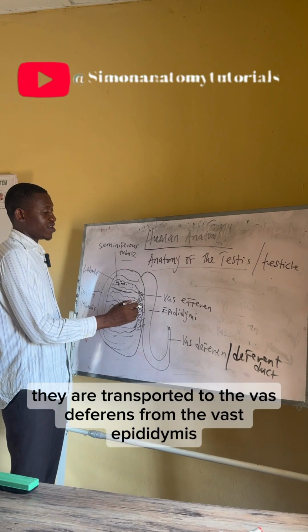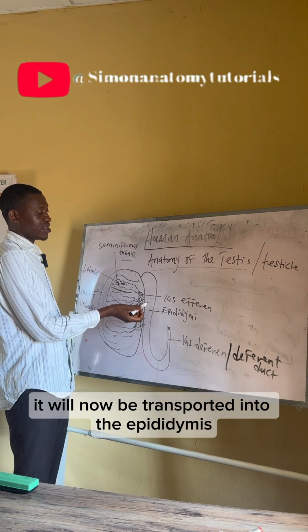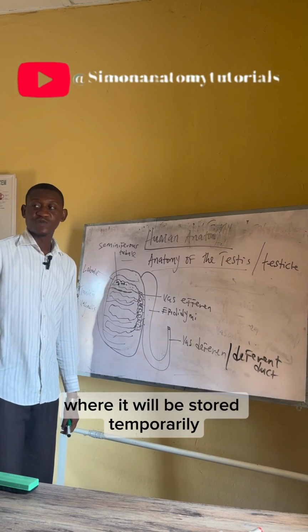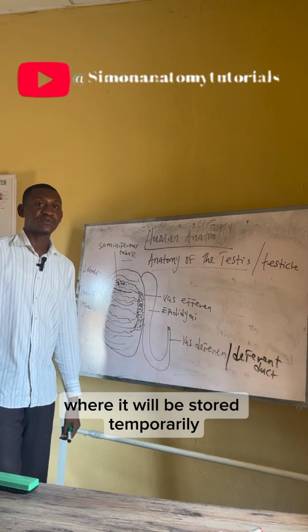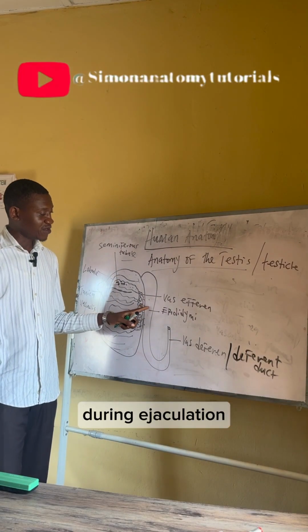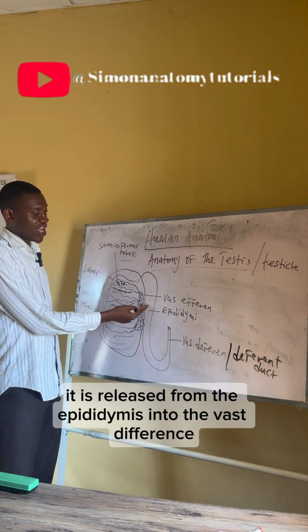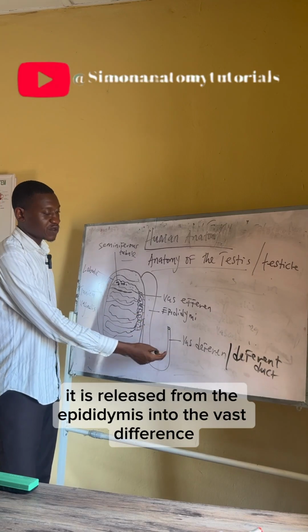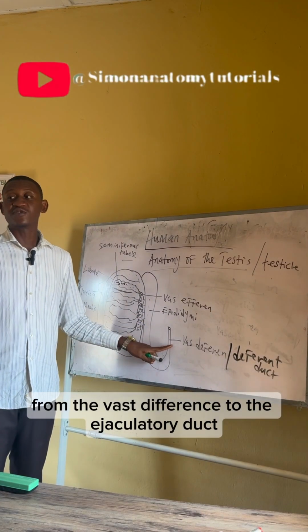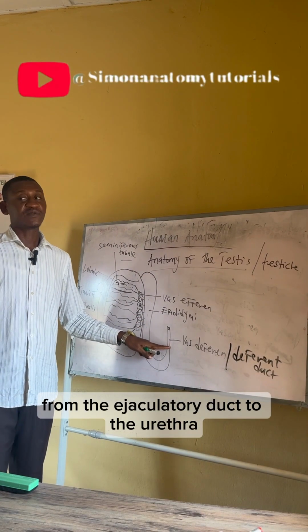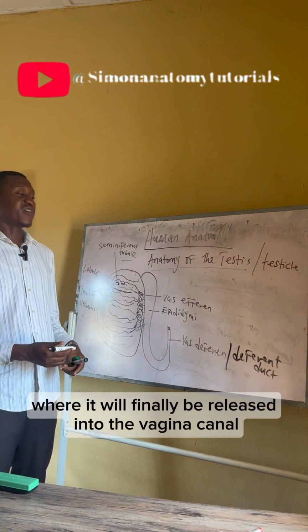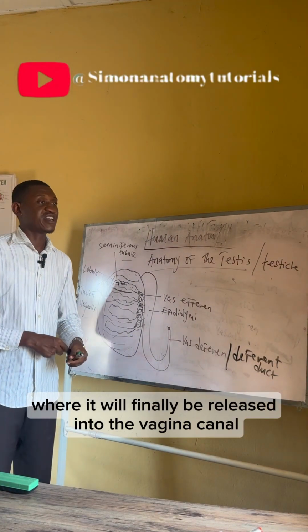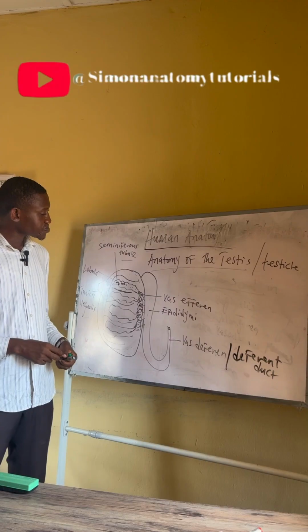From the vas efferens, they will be transported into the epididymis, where they will be stored temporarily. During ejaculation, they are released from the epididymis into the vas deferens, from the vas deferens to the ejaculatory duct, from the ejaculatory duct to the urethra, where they will finally be released into the vaginal canal or to the exterior.